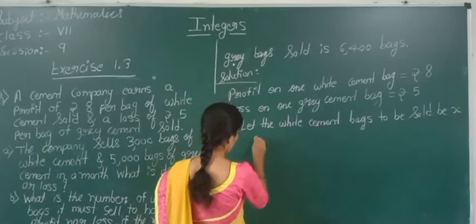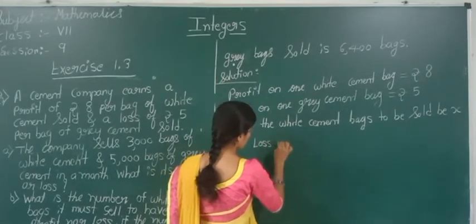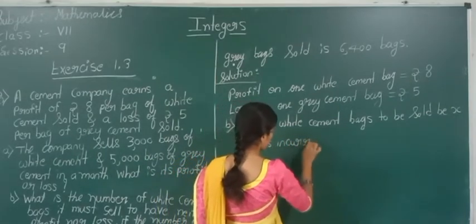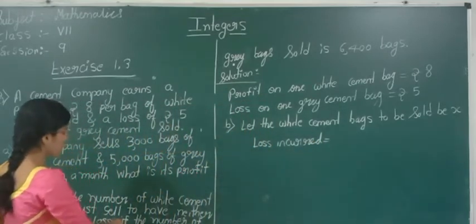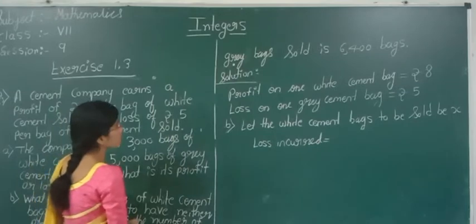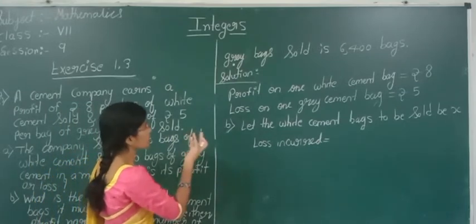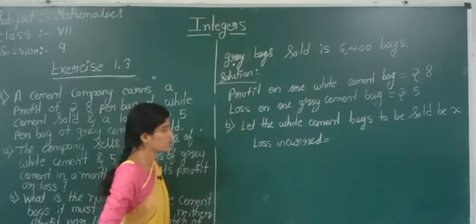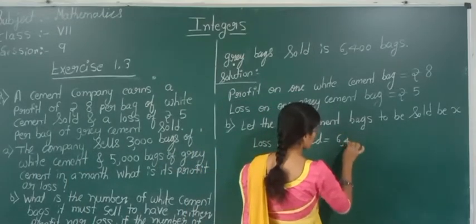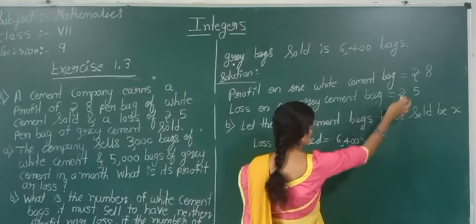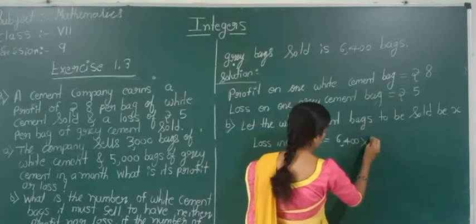Now, loss incurred is equal to, see, the total number of grey bags sold, that is 6,400. So loss incurred is nothing but 6,400 into, for per bag it is rupees 5.